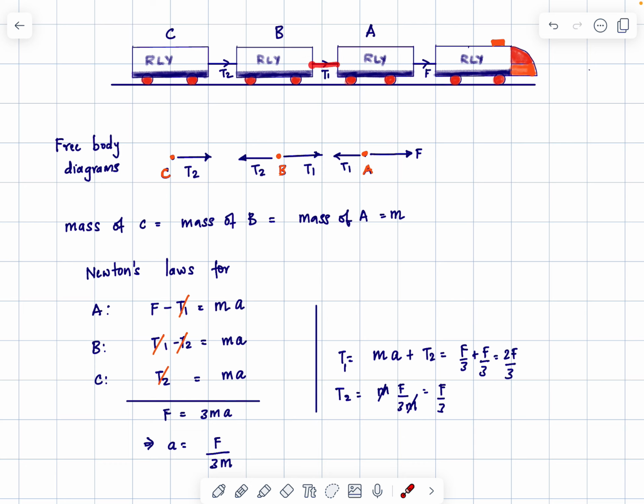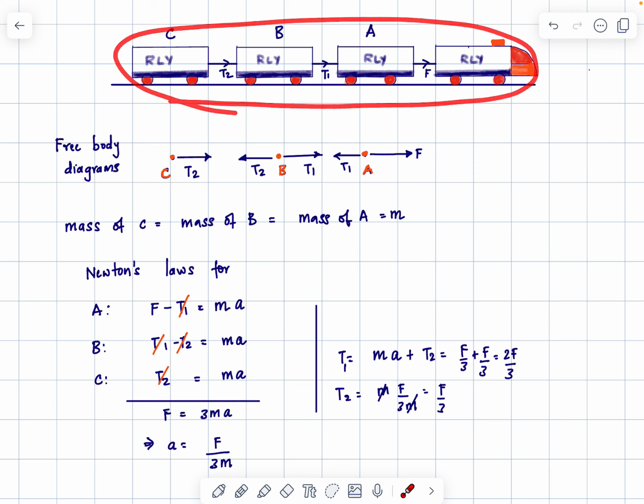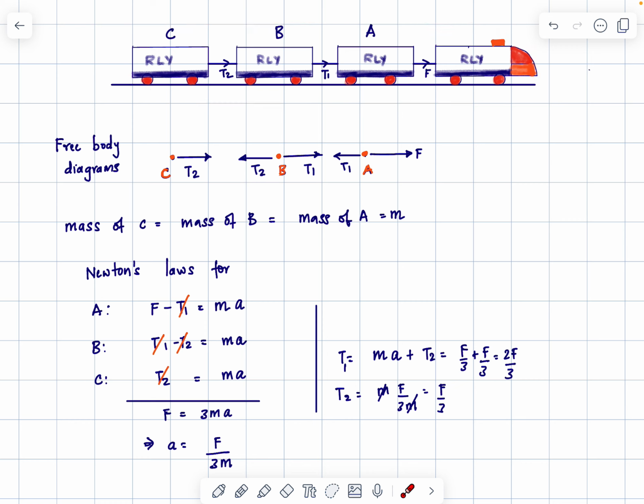Then this chain that was slack before becomes taut, and then this also starts to affect the motion of the entire train, and soon afterwards this chain also becomes taut.